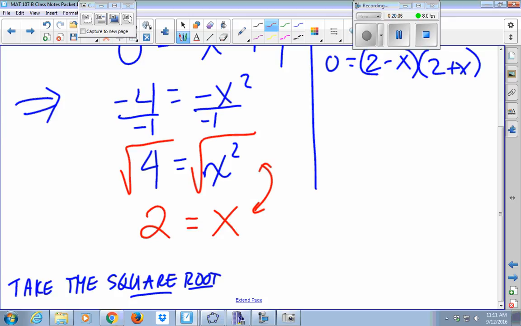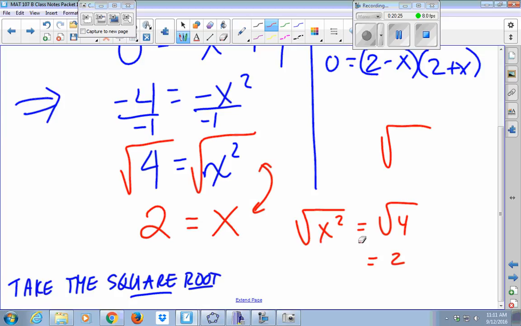And this goes back to recognizing that this symbol is only asking you to find the positive square root. So this is really saying, what is the positive square root of 4, which is 2? And this is asking you to find the positive value. I know x could be x or the opposite of x. I can do this.